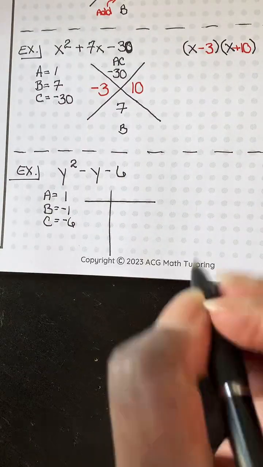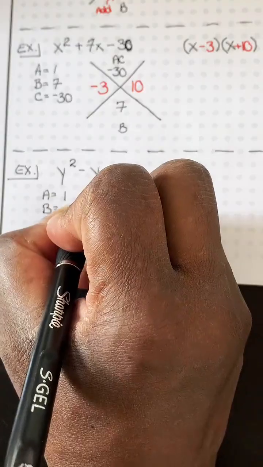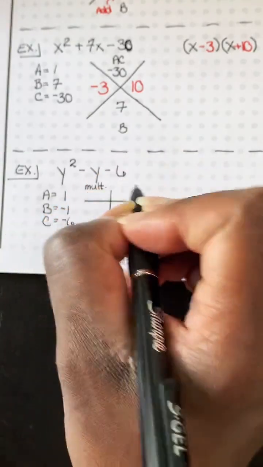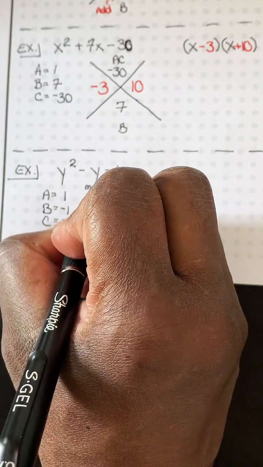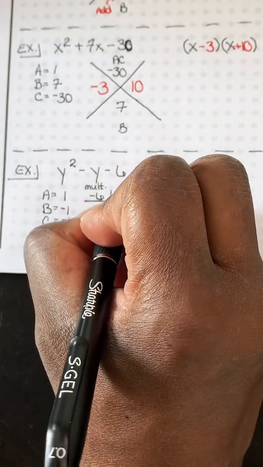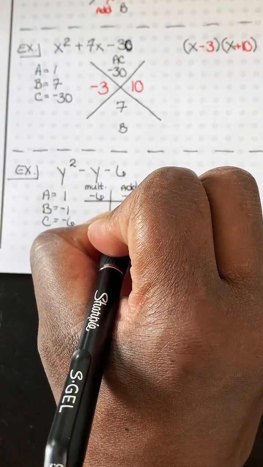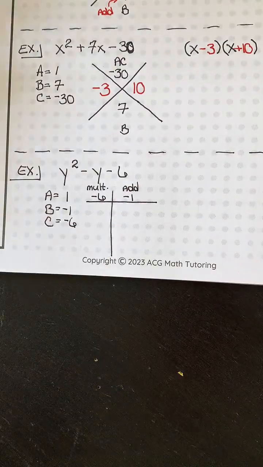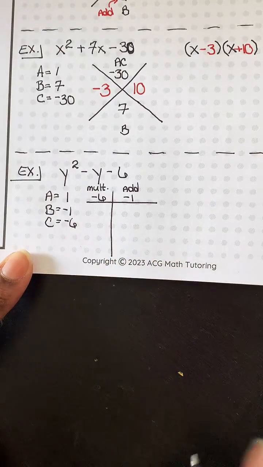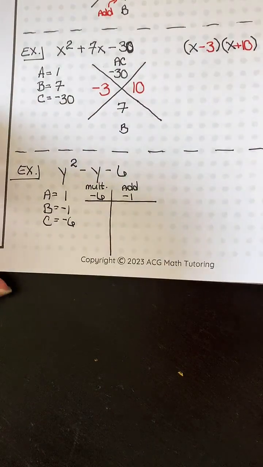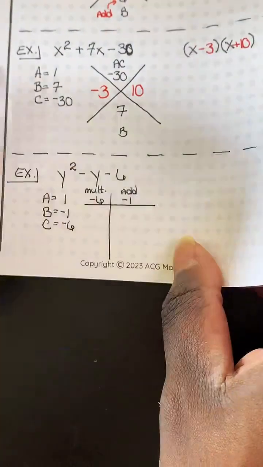So now, what we got is what two numbers multiply to give me a negative 6 and add to give me a negative 1. So here you could list out what two numbers give me negative 6, just in case you do not have your handy dandy ultimate math notebook.